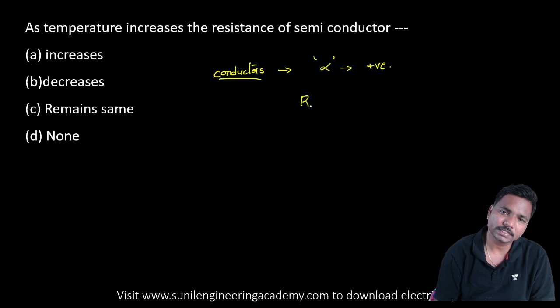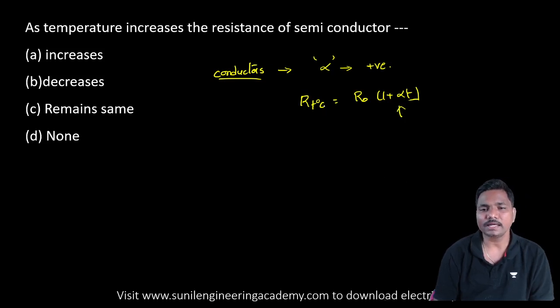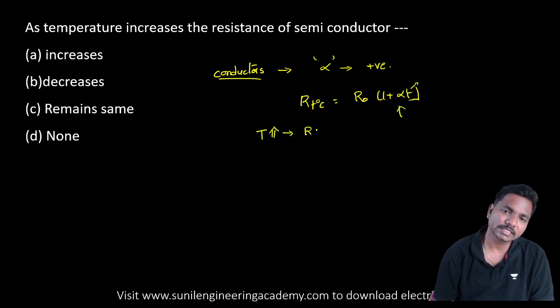R at T degree centigrade is equal to R naught into 1 plus alpha T. If this alpha is positive, then R at T degree centigrade is greater than R at 0 degree centigrade. That means as temperature increases, resistance increases. So that's why conductors are considered to have a positive temperature coefficient of resistance.